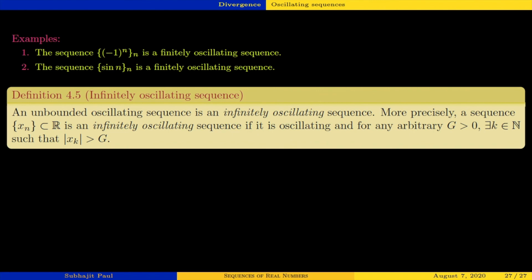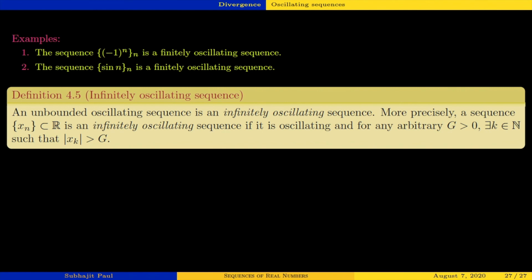Next up, we have infinitely oscillating sequences. An unbounded oscillating sequence is an infinitely oscillating sequence. More precisely, a sequence of real numbers xn is an infinitely oscillating sequence if it is oscillating, and for any arbitrary positive g there exists k such that the absolute value of the kth term exceeds g.